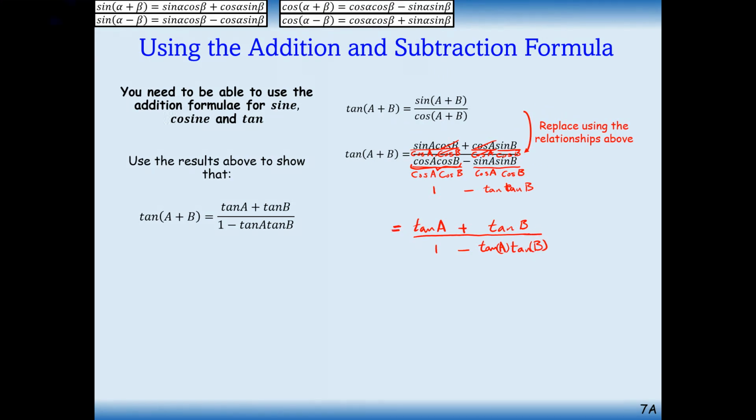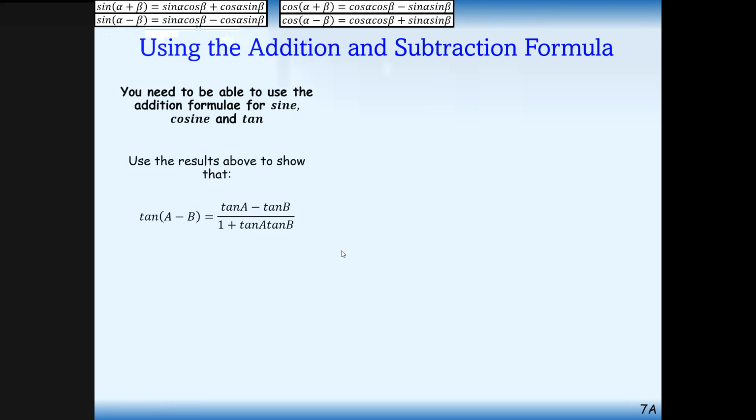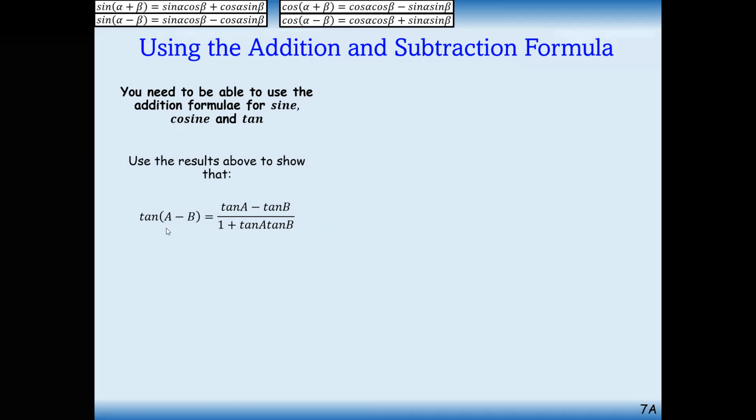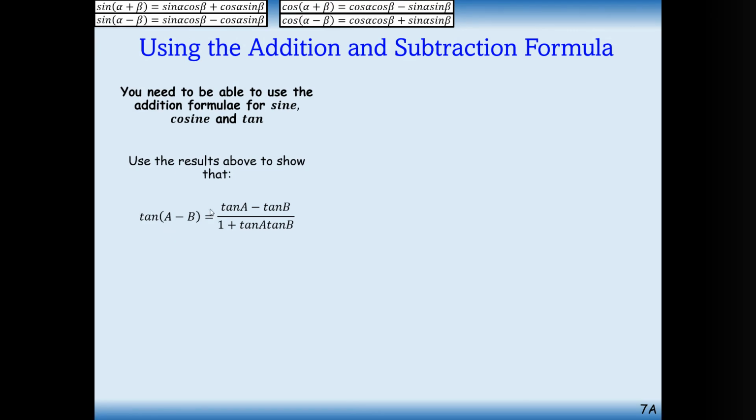I'll derive the subtraction in the next part of the video. This part of the formula is similar. We're going to turn the right hand side of this equation into sine over cos instead of tan.